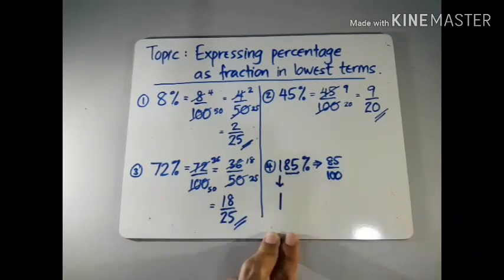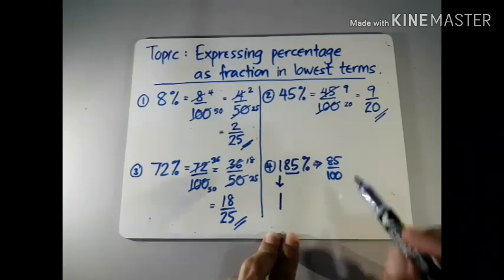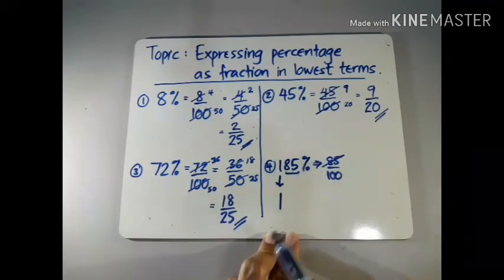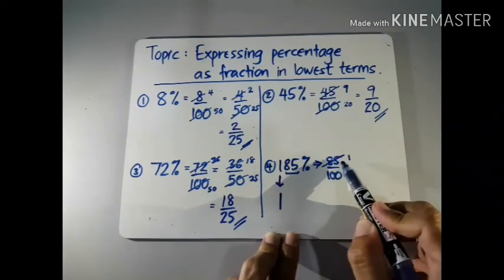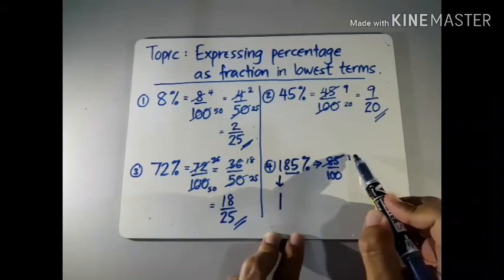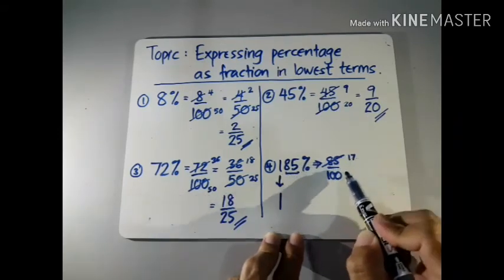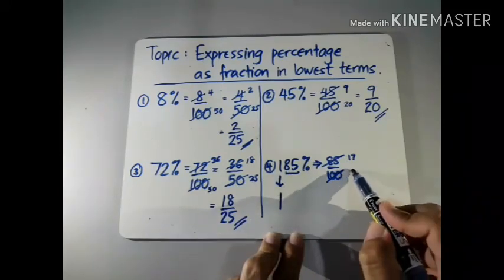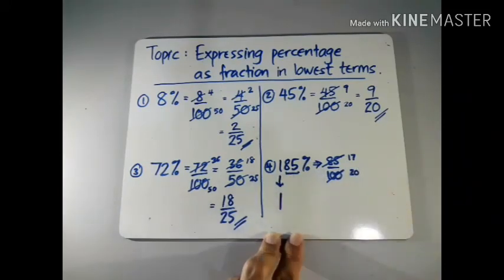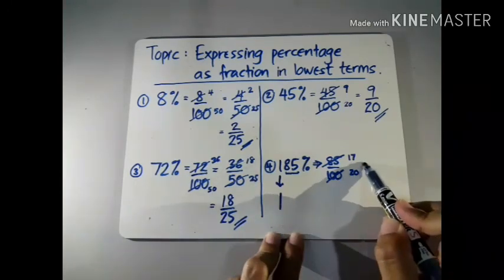And of course 85 you can only divide by 5. So 85 you divide by 5, you will get 8 divided by 5 is 1, so you get 3. 35 divided by 5 is equal to 7. So 100 you divide by 5 to get 20. So what's the fraction here?